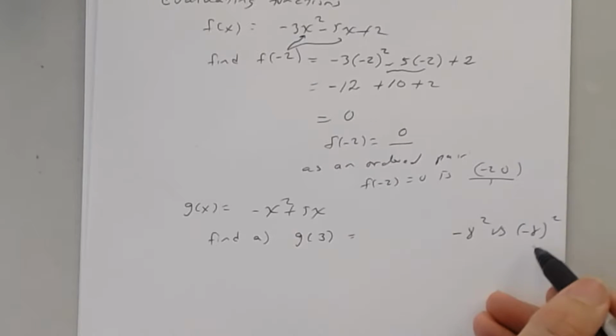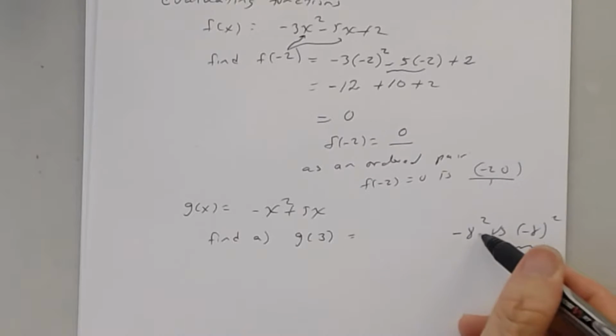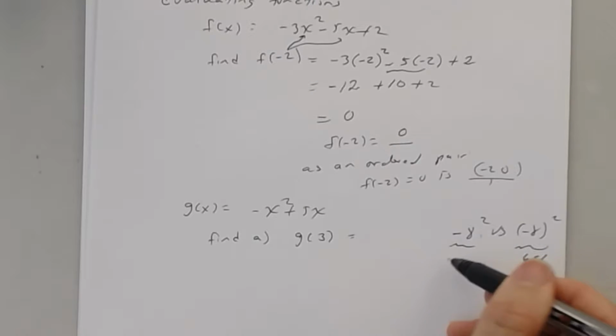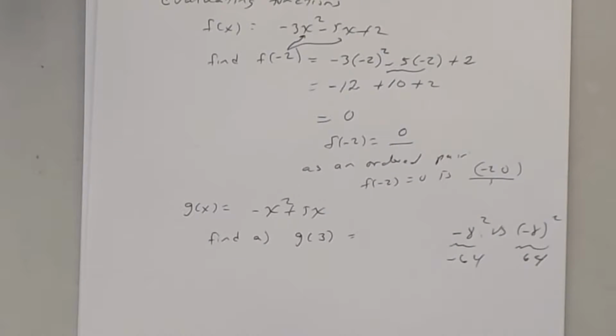So what's negative 8 times negative 8? Positive 64. Here, though, there are no parentheses. What's being squared? Just 8. And what's 8 times 8? 64. So this becomes a negative 64.